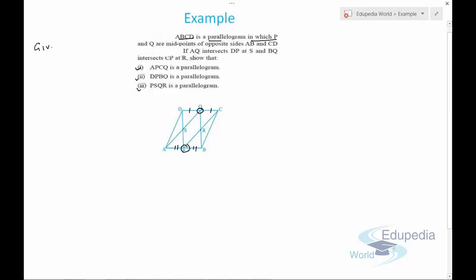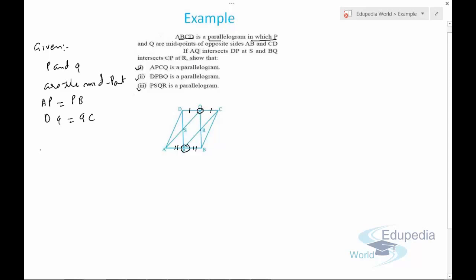First we need to write what is given. It's given that P and Q are the midpoints. So we can say that AP equals PB and DQ equals QC.